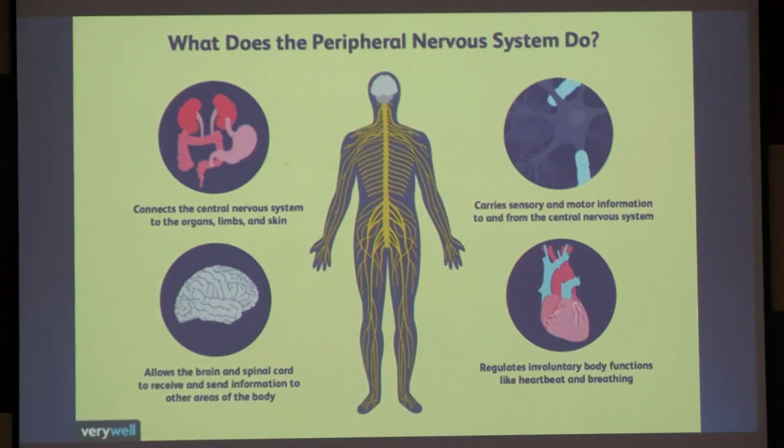That means a part of the peripheral nervous system embedded in the lining of the gastrointestinal tract, known as the enteric nervous system, comprising the Auerbach plexus, or myenteric plexus, and the Meissner plexus.